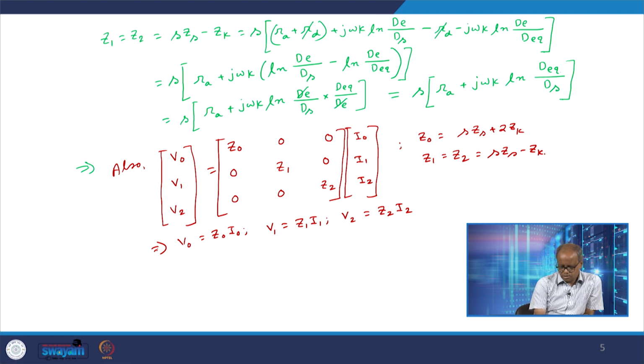So, in other words, the sequence networks are completely decoupled.